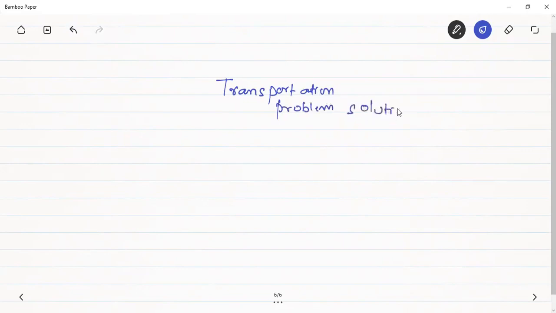The solution of the transportation problem is divided into two steps. The first step is to find an initial basic feasible solution.